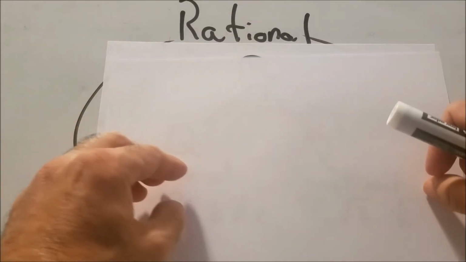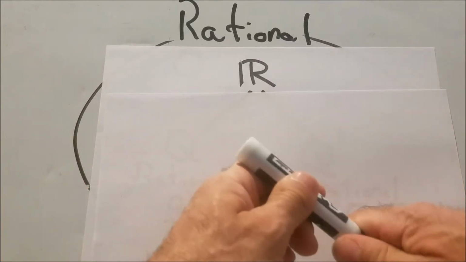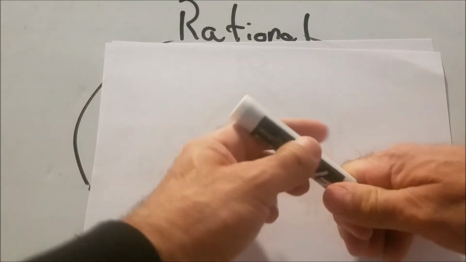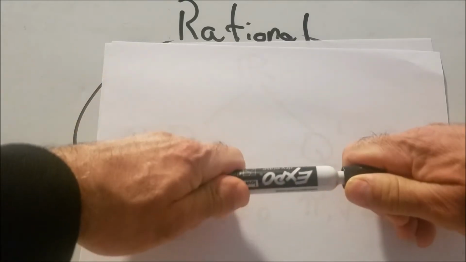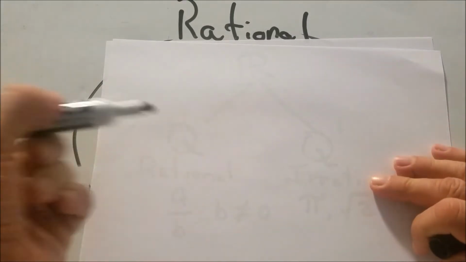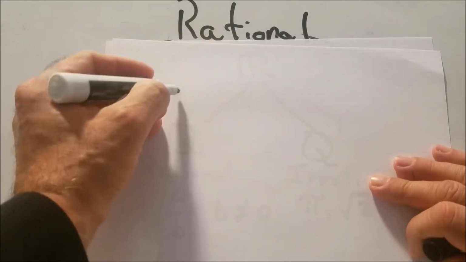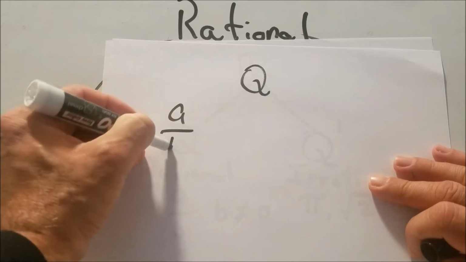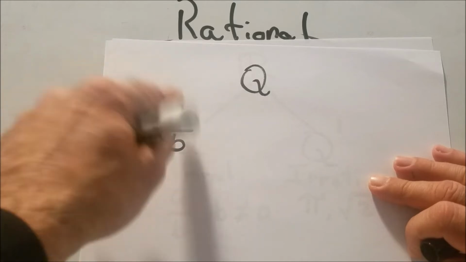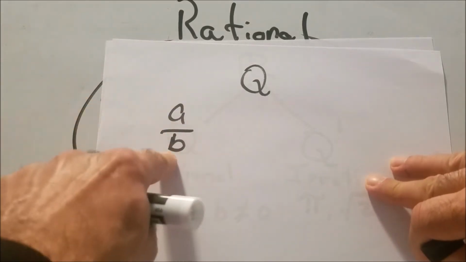So all rational numbers, Q, right? All rational numbers, not R, that's real. But what rationals are, if we can get this thing open, it's stuck today. There we go. Wow, that was stuck. So if we have the rationals, we're saying that they have to be A over B, and A over B have to be numbers, right? Any whole numbers.